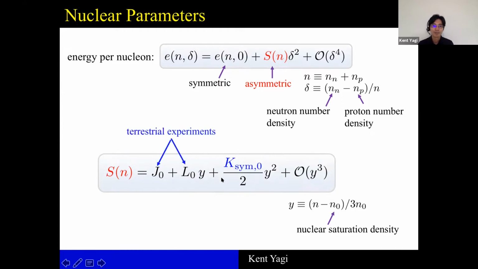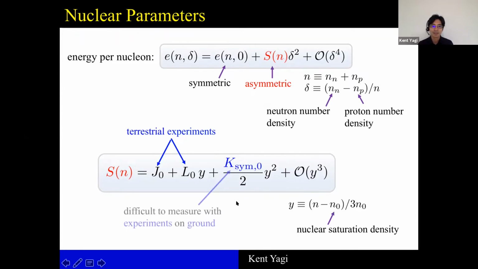For lower order parameters like the symmetry energy and its slope, we can use terrestrial nuclear experiments to more or less measure these quantities, but it becomes more and more difficult to measure higher order quantities, because they only come into play when the density goes beyond nuclear saturation density.